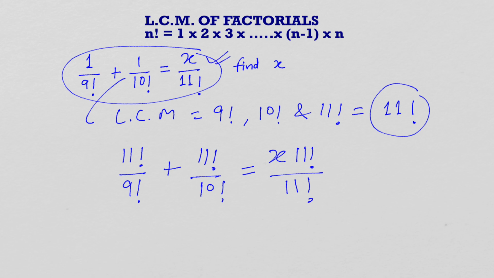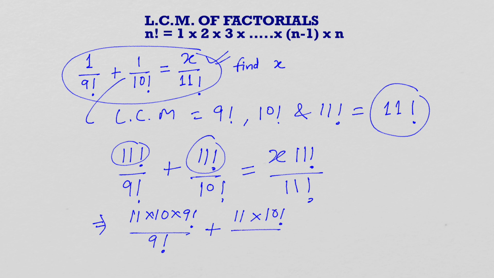Now 11 factorial can be written as 11 into 10 into 9 factorial, divided by 9 factorial, plus 11 into 10 factorial divided by 10 factorial, is equal to x, because 11 factorial by 11 factorial cancels out. Now we can cancel out the factorials here, and these two as well.